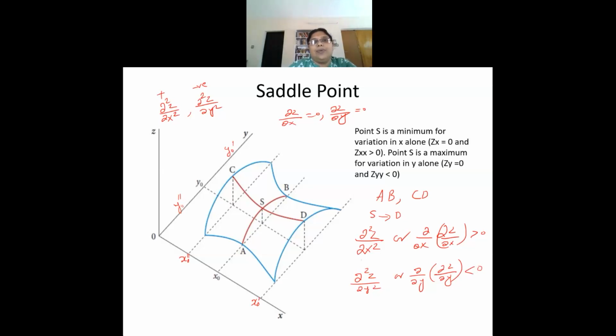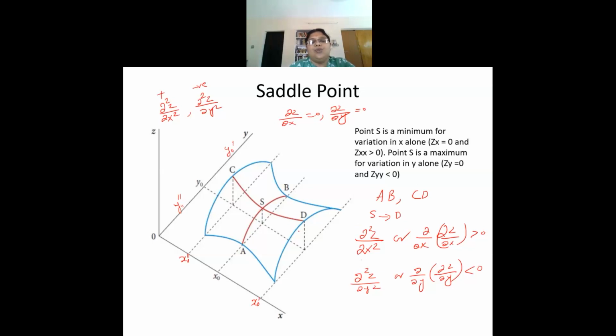So just as we have seen in the earlier case, the third condition is violated because these are moving in different directions. Just by looking at this or this, you cannot say that you are at a relative maximum or a relative minimum, because the change in slope is different.